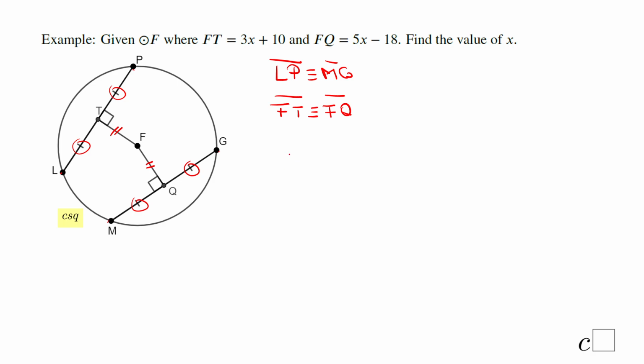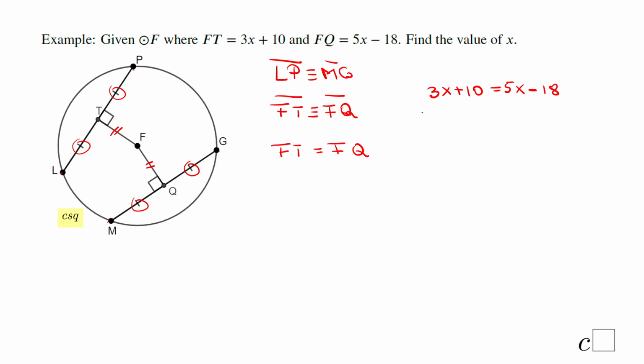So the measure of the chord FT is the same as the measure of the chord FQ, which gives us the equation that we need to start this problem to find the value of x, which is 3x plus 10 equals 5x minus 18.